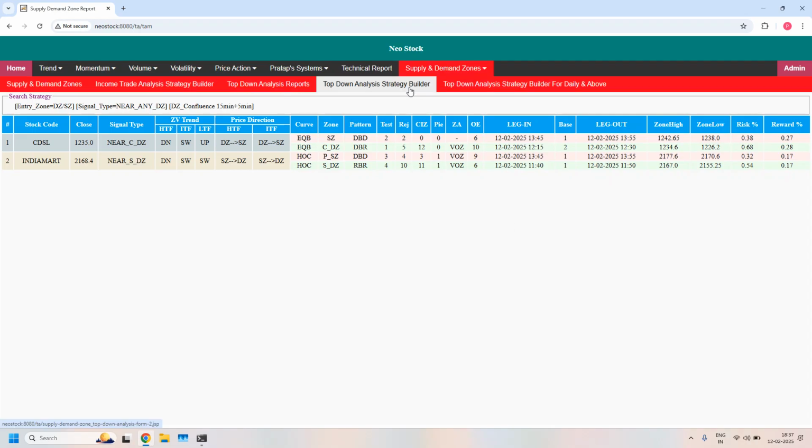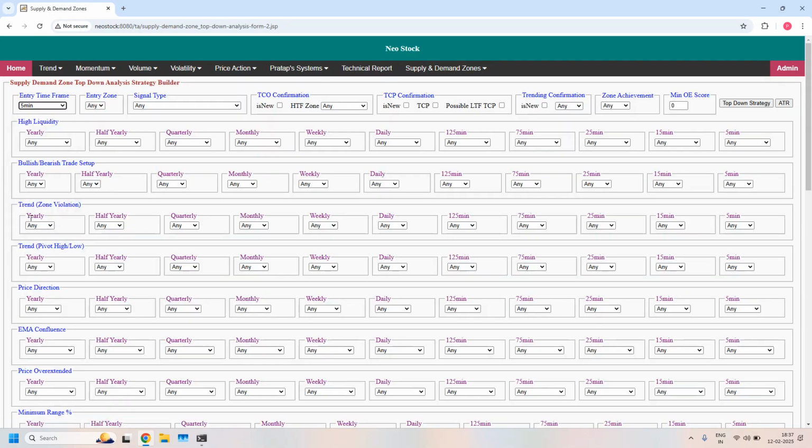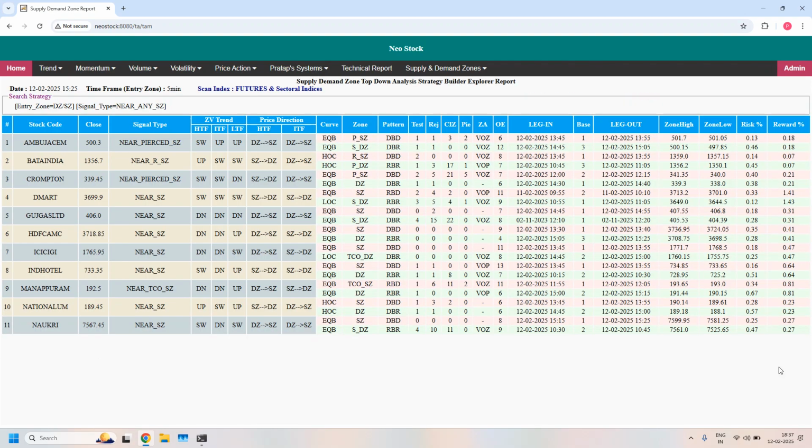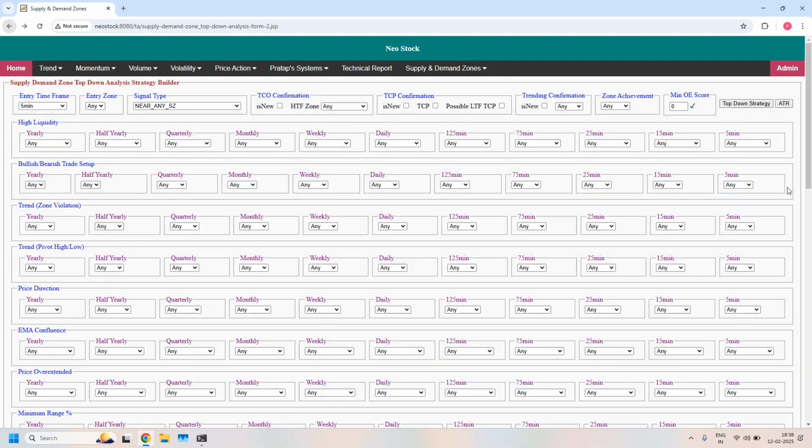Okay, next, for 5 minutes time frame, stocks near 5 minutes supply zone, we got 11 stocks. Out of these 11, how many 5 minute supply zones are having confluence with 15 minute supply zone? Let us verify.